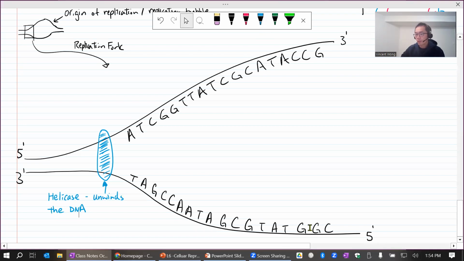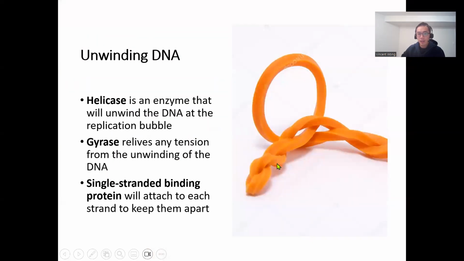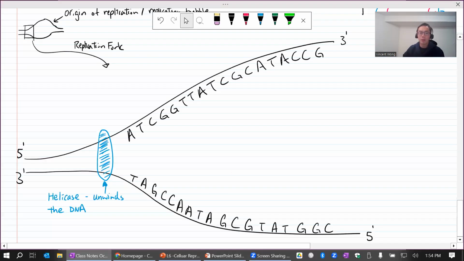Now I'm gonna show you a picture to help you understand my next point. Like a rubber band here. Sometimes as you pull on it, it gets all twisted up, and then the tension builds up in the rubber band, right? So the same kind of tension builds up when you unzip the DNA.